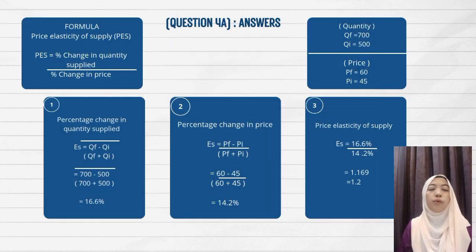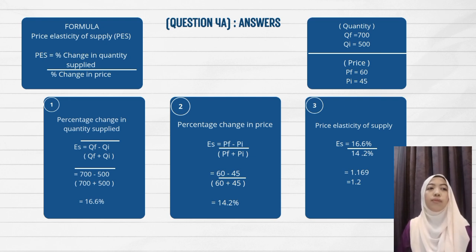We use the formula: price elasticity of supply equals percentage change in quantity supplied divided by percentage change in price. First, let's calculate the percentage change in quantity supplied. The original quantity is 500 and it increased to 700. Using the formula, we get a 16.6% increase. Next, we calculate the percentage change in price.